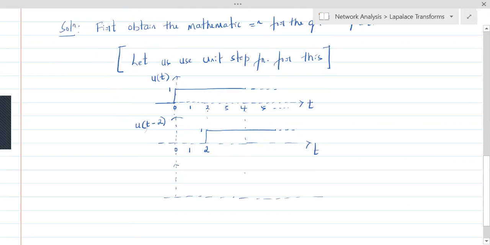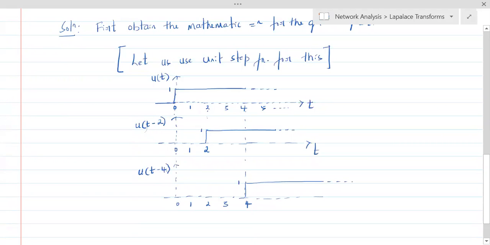So let's take a unit step function which starts at 4 now. 0, 1, 2, 3, 4. So now it is shifted to 4. If the u of t which is starting at 2 is represented as u of t minus 2, then u of t which is starting at 4 would be represented as u of t minus 4.